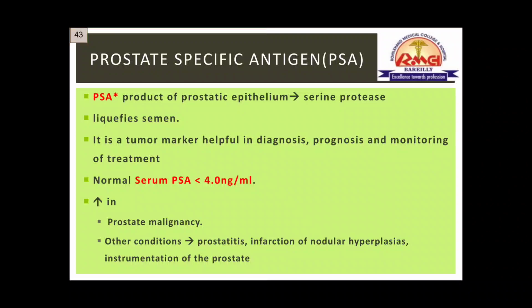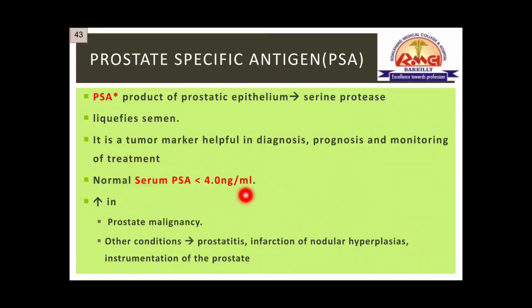Again, PSA is important. Prostatic specific antigen. It is secreted by the luminal cells of the prostatic glands, and chemically, it is a serine protease in nature, and the function of PSA is that it helps in the liquefaction of the semen. It is a tumor marker which is useful in the diagnosis, prognosis, and monitoring of the treatment. So we can add the serum PSA level in the panel of investigation for prostatic adenocarcinoma.